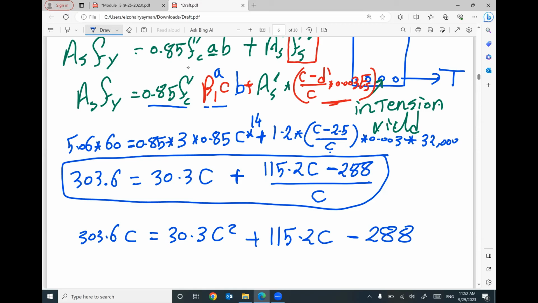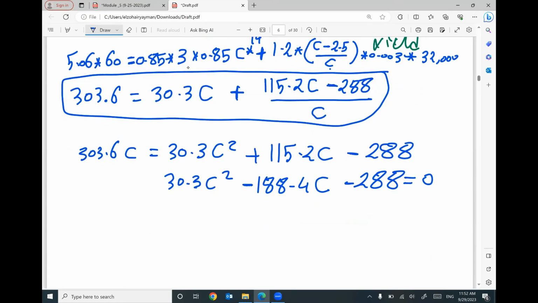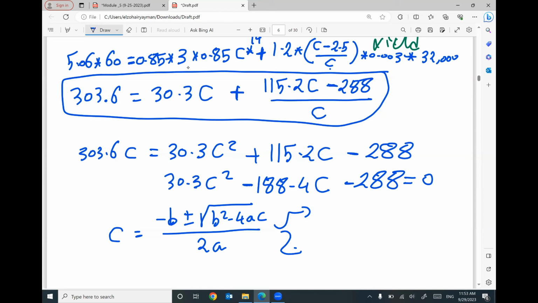If you rearrange the equation, so 30.3 C square minus, 303.6 minus 115.2, I got here 188.4 C minus 288 equals 0. You will have a quadratic equation as a function of C. I can solve for C equals negative B plus or minus square root of B square minus 4AC, divided by 2A. I will have two solutions.